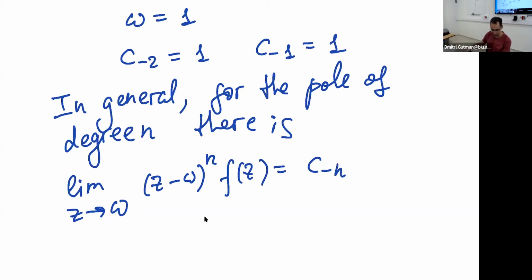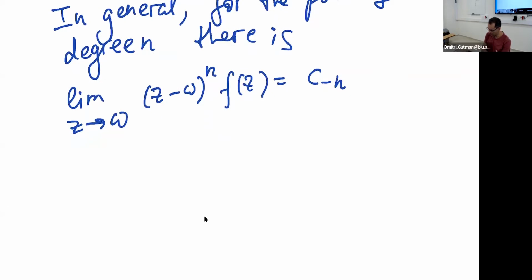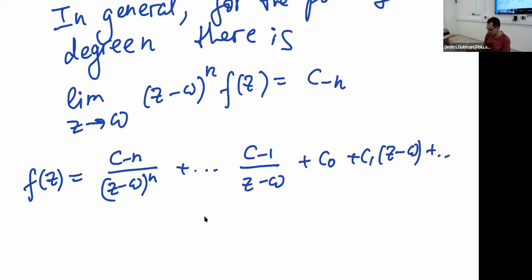So there is a finite limit for a pole of order n, and the Laurent expansion of the function looks like c minus n (z minus w) to the power minus n, plus and so on, plus c minus 1 (z minus w) to the power minus 1, plus c0, plus c1 (z minus w), plus and so on.